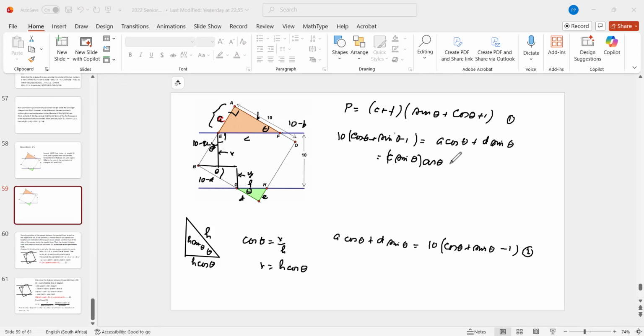times cos theta. And the same thing with D. D is F cos theta sine theta. So F is, yeah, I need a D. D is this one here. So it's the hypotenuse cos theta.